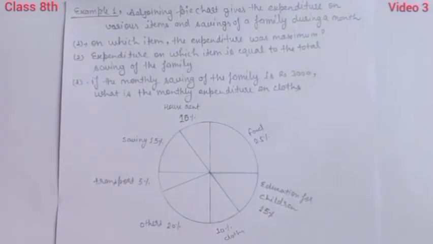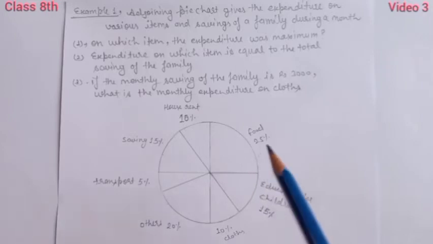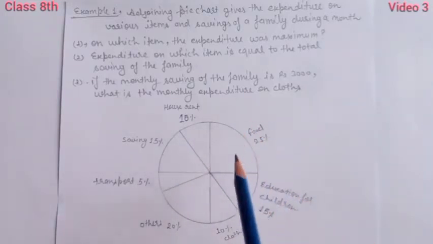So students, by observing the sectors of this circle, which is the highest sector, meaning which covers the maximum area? Here we have 25%, so obviously this one is more, showing the maximum. So students, we are able to answer the first one: the expenditure is maximum on food.